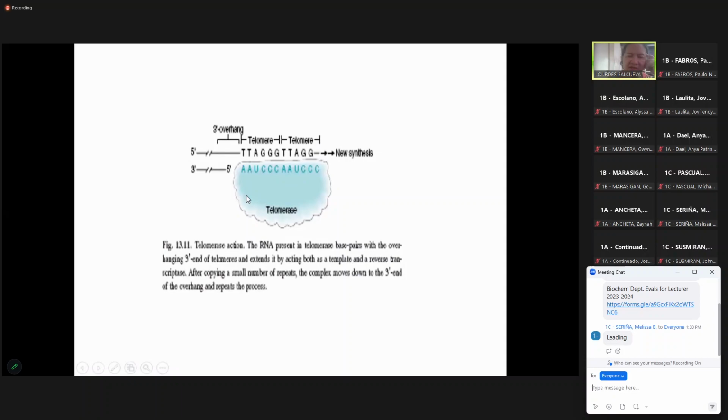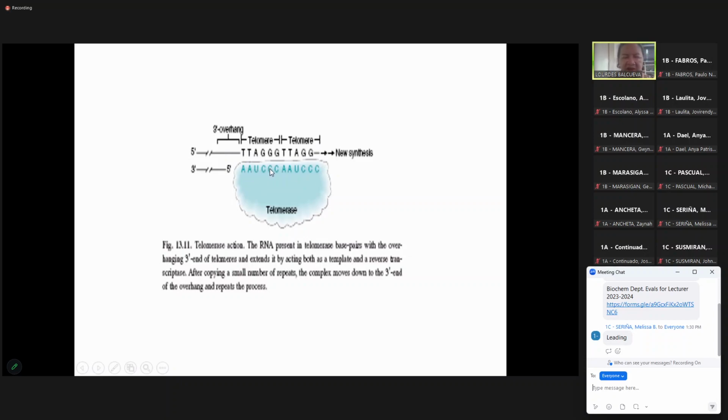So if there is any gap there, it can always be repaired by the enzyme telomerase, because this contains reverse transcriptase, wherein the RNA is capable of synthesizing DNA.